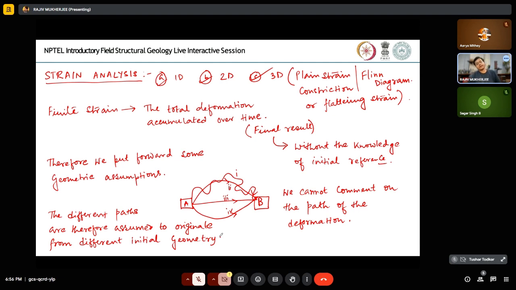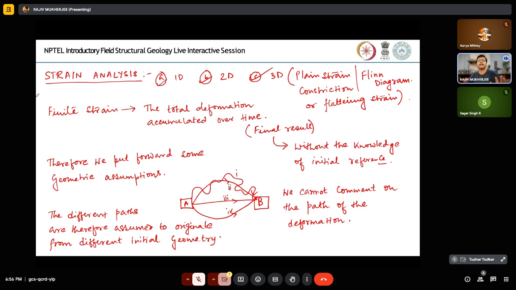That is how we make an assumption that if I have objects A, B, C at different stages, and all of them result in the same deformation and the final object is D, then for each and every one of these initial objects, the path of deformation would be different.